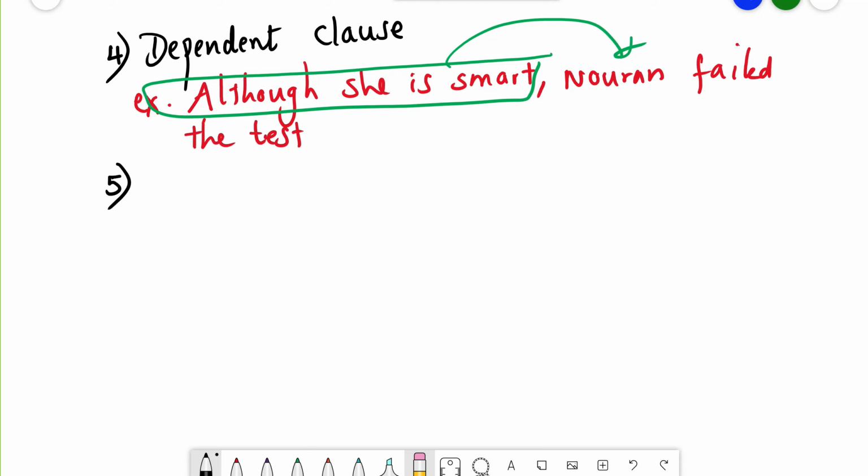What else? It could be noun phrase modifier.